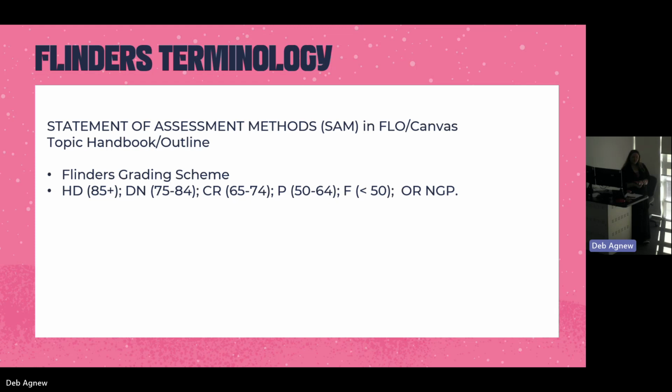We have a grading system of high distinction, credit, pass, and a fail, and some topics will have a non-graded pass. So you won't necessarily get a grade for every topic. You might get a non-graded pass.